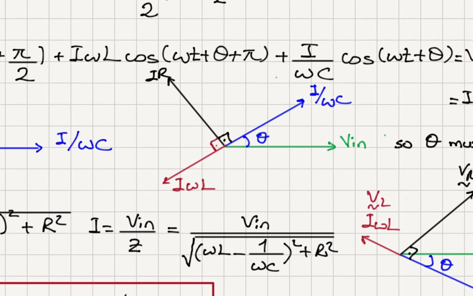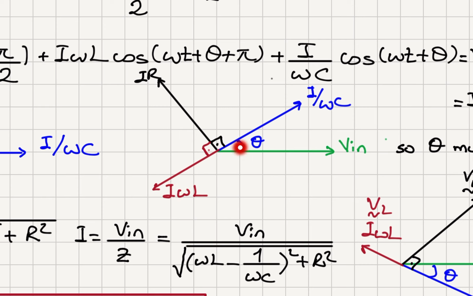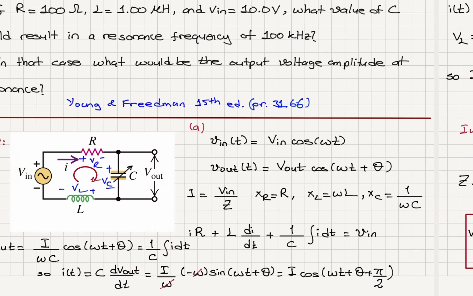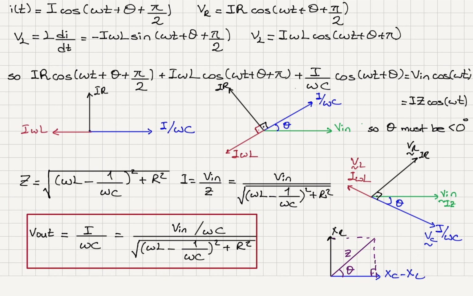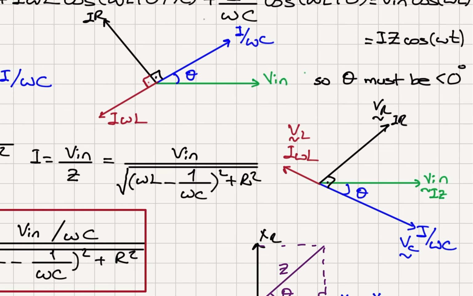Showing this in a phasor diagram, we realize that theta cannot be positive. If theta is positive, these phasors would not add up to the input voltage phasor, as would be required by the Kirchhoff voltage law. So theta must be negative. If theta is negative, then with this relationship, this is at angle omega t, this is at omega t plus theta plus pi over 2 plus pi.